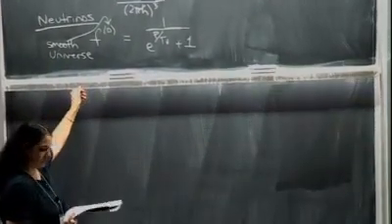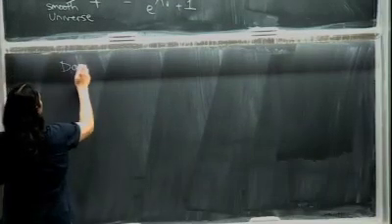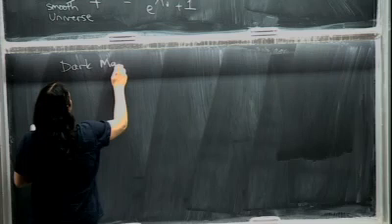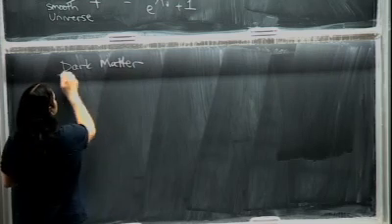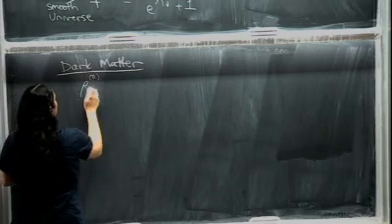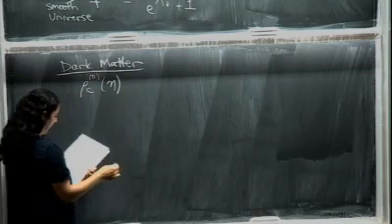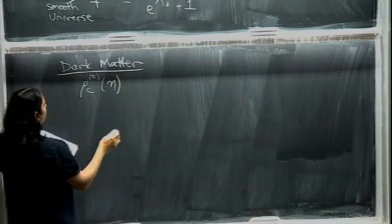And then for dark matter and baryons, it's simple. I would just have my rho c as a function of eta, which is just a function of time.